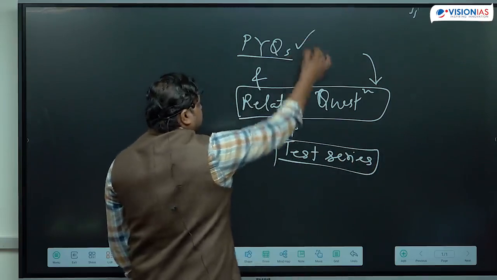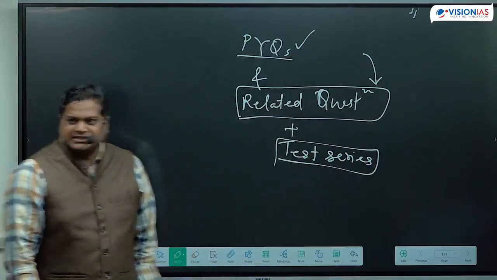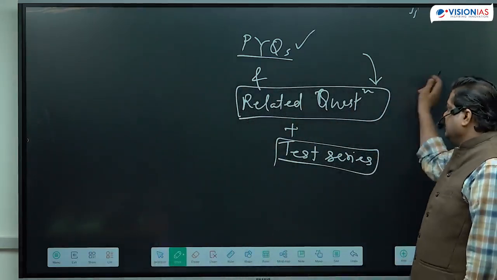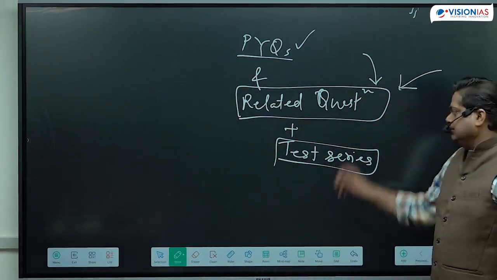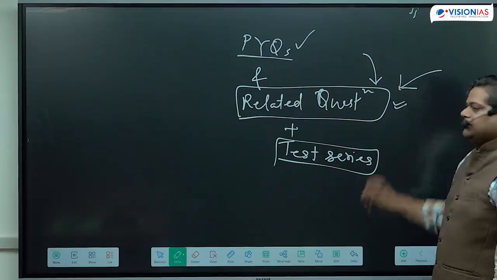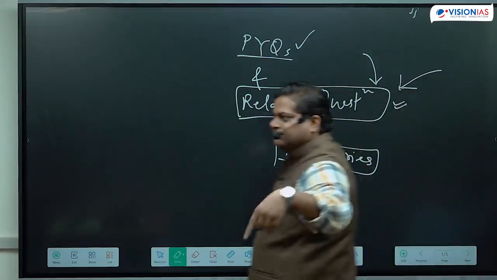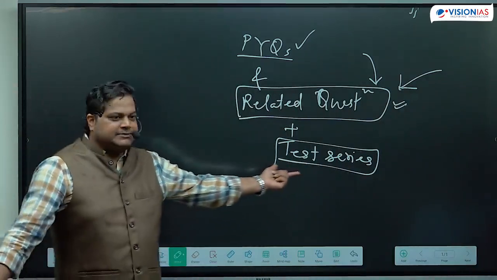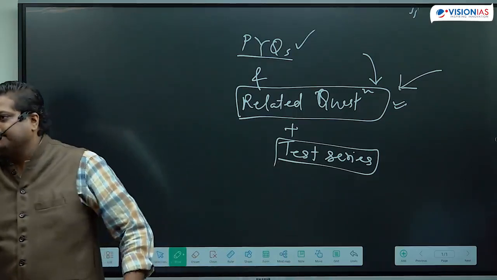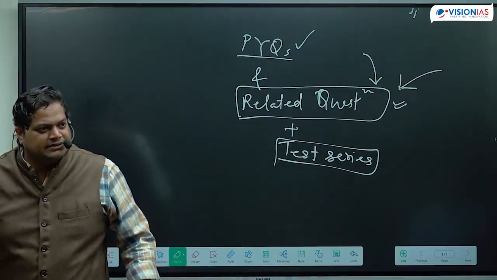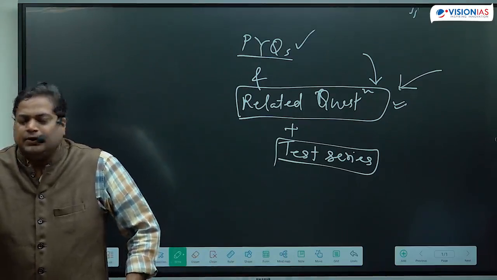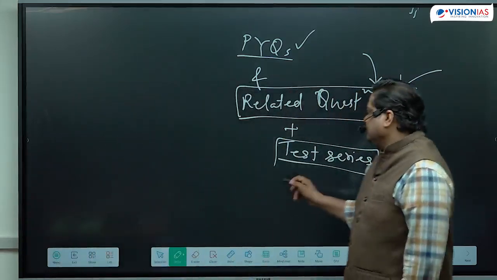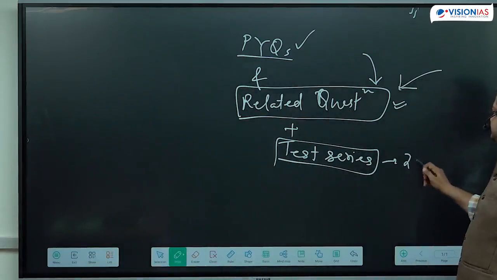I think PYQs of the last 7 years, if we take, are around 400 questions. Then related questions, if we add all the topics, around 200-300 questions. Then in the test series, how many tests are there? CSAT test series has been assigned, I guess. No? Okay. So around 20 tests are there, with around 200 questions.